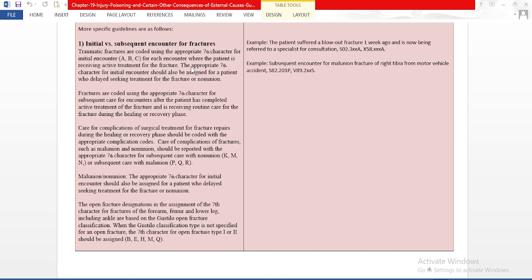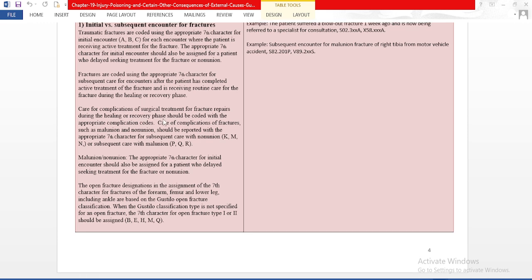So for example, the patient has a fracture in January and this month is December. If the patient comes for fracture treatment in December, we will consider it as an initial fracture treatment, as active treatment for the fracture irrespective of the duration of the injury or fracture.